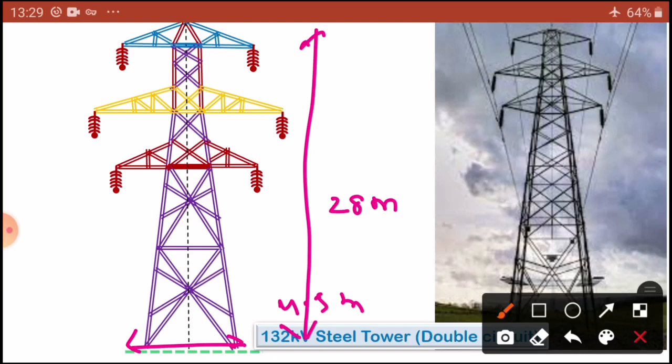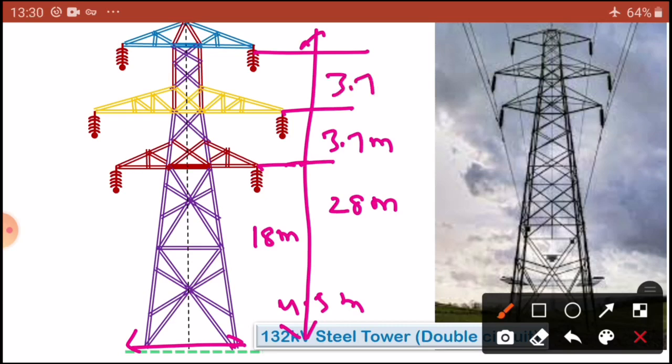Now here, the height up to one phase is 18 meters, and from this phase to this phase I am going to use 3.7 meters. And from this place to this place, previously 2.6, now it is 3.7 meters, the same distance. Now this is the same 2.6 meters.